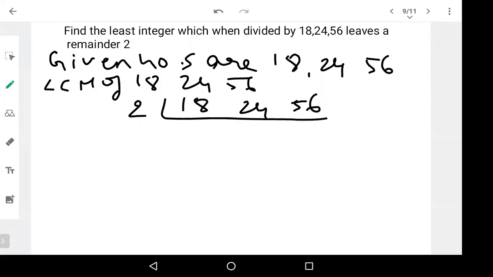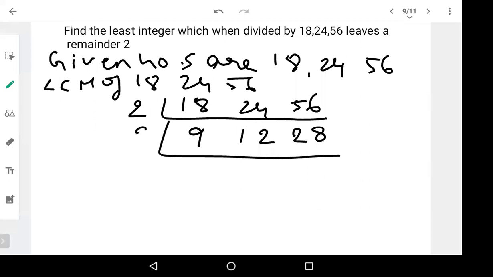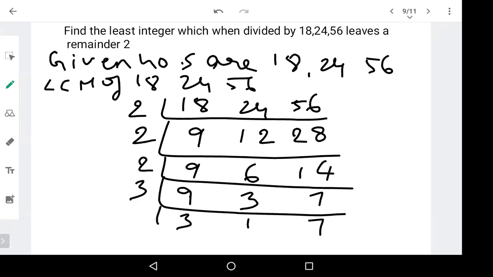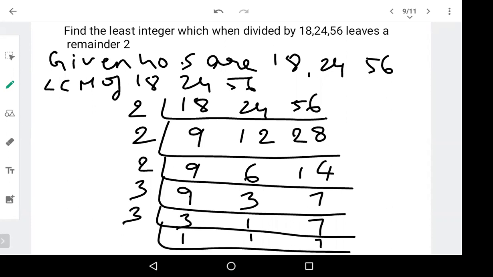We'll start with 2. 2 nines are 18, 2 twelves are 24, 2 twenty-eights are 56. Then again 2, 2 twos are 4, 2 sixes are 12, 2 fourteens are 28. Then I can go with 2 again, 2 threes are 6, 2 sevens are 14. Then I'll go with 3, and again with 3, and again with 7.